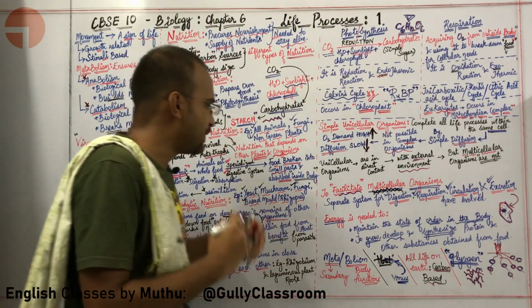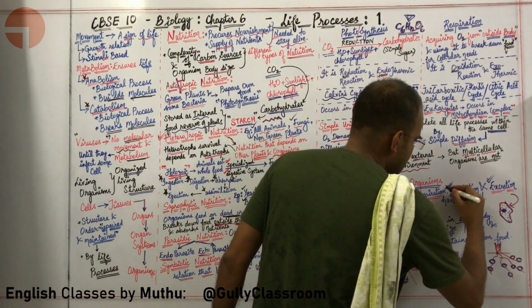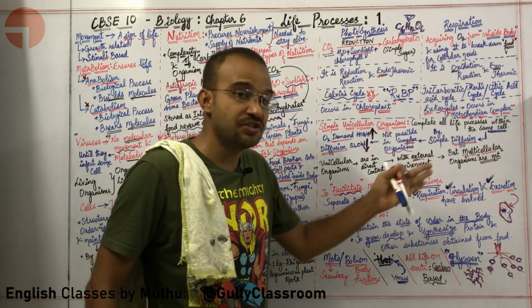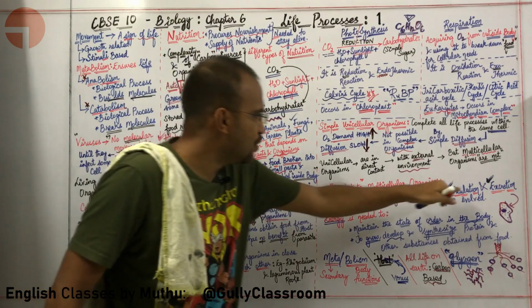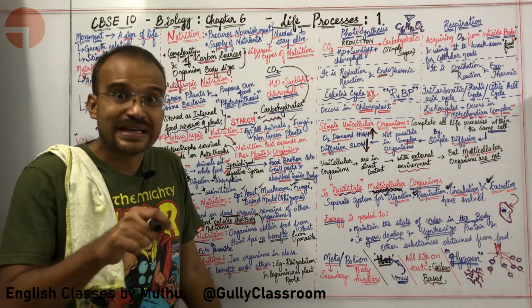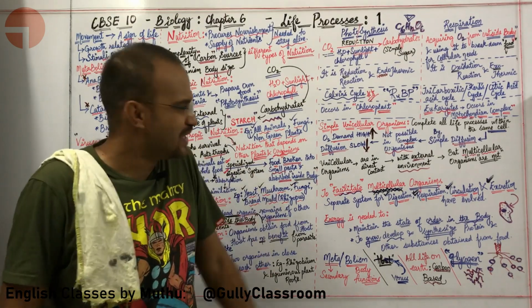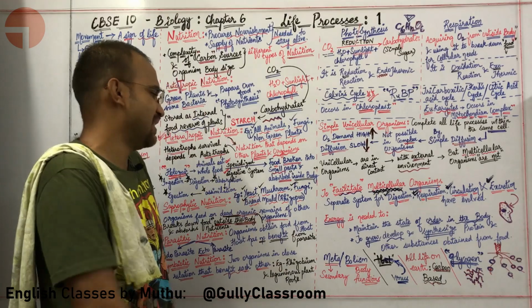So we need a separate system for what, sir? Digestion, respiration, circulation and excretion. These are basically the 4 different life processes that sustain our life, that help an organism to be alive.